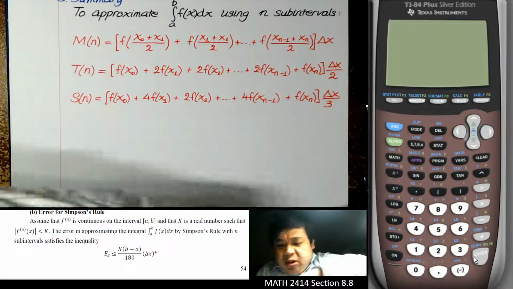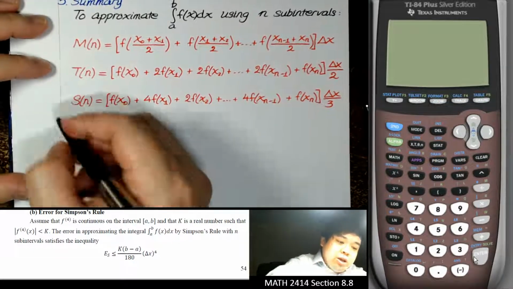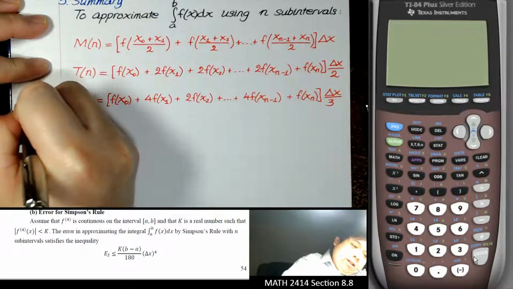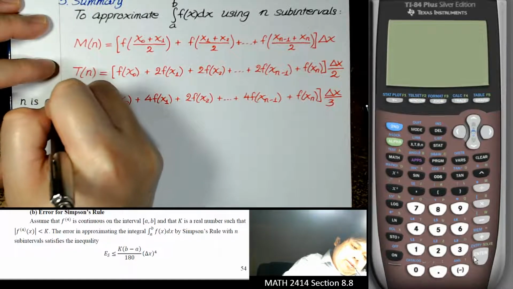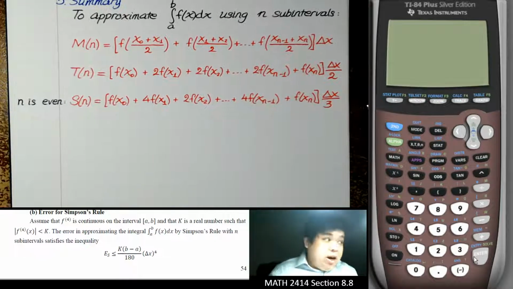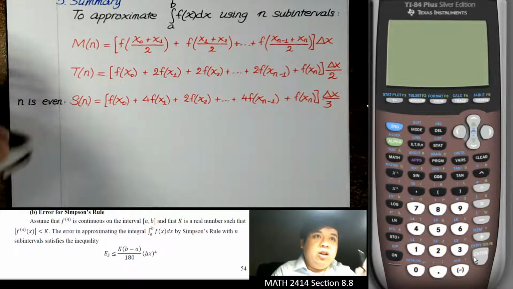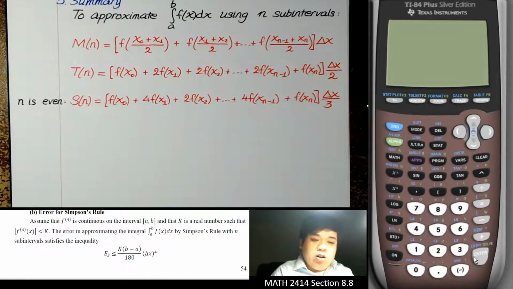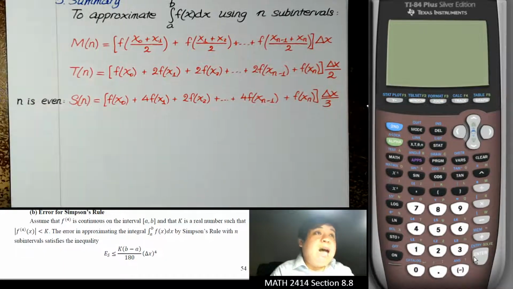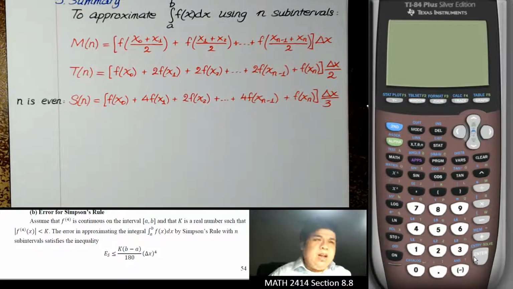Right, so that is Simpson's rule. The only thing different from those two is that here n has to be even. Simpson's rule only works for an even number of subintervals. Of course, there are a lot more than this, but in the trapezoid rule we still use a linear function, a straight line, and here we use a quadratic function to approximate. So that's pretty much what we need to know for Simpson's rule.